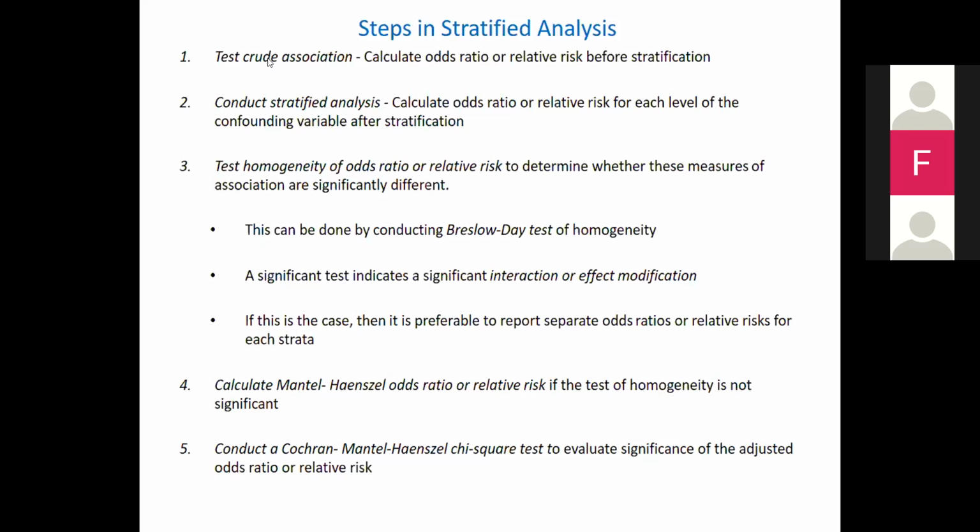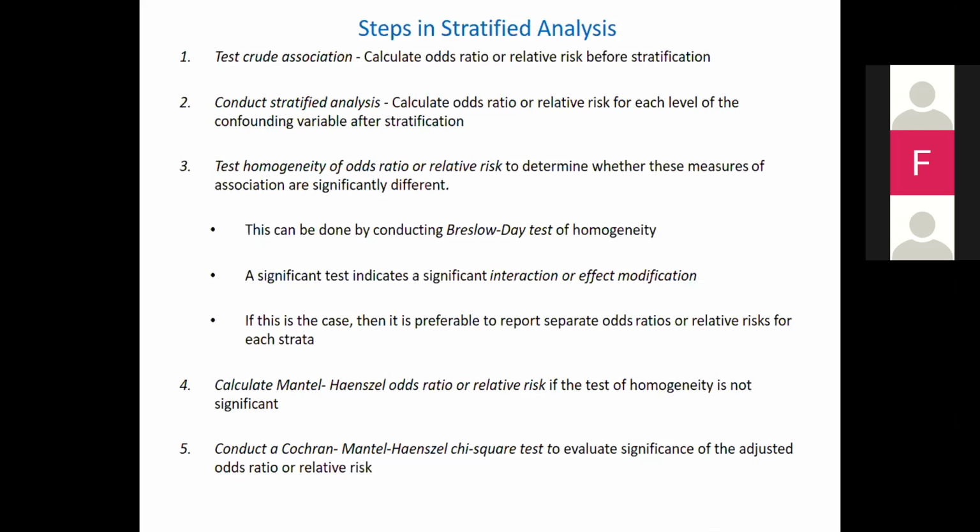So after conducting the stratified analysis, you now do homogeneity. Homogeneity means you want to test whether these separate odds ratios are the same, to determine whether these measures of association are significantly different. This can be done by conducting the Breslow-Day test of homogeneity. You're going to see it when we run it. A significant test indicates significant interaction or effect modification.